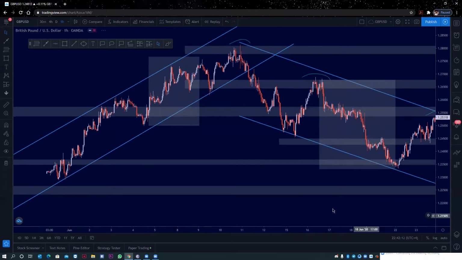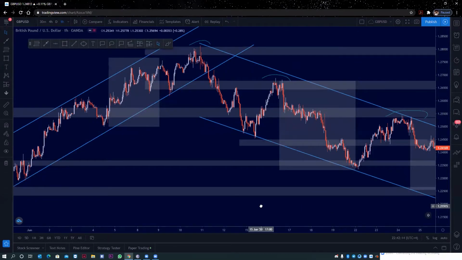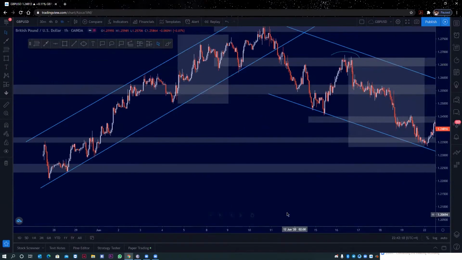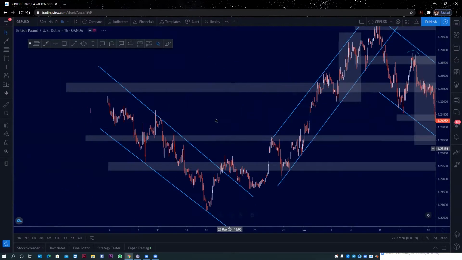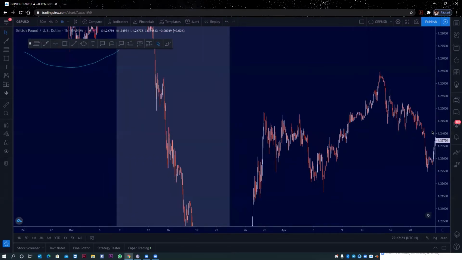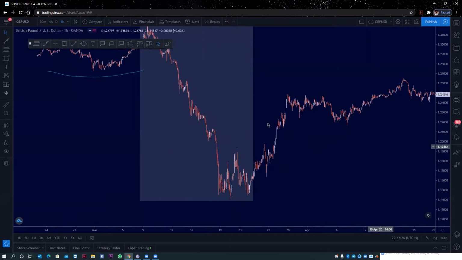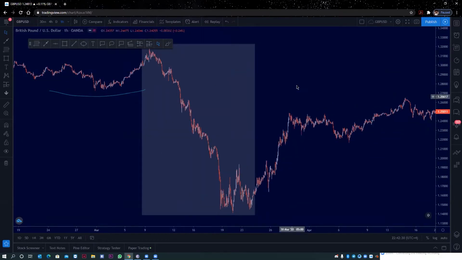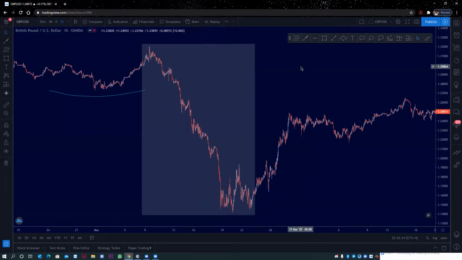Go back to that downtrend. Sorry. Where's that downtrend that you had? This is my downtrend. The one with the blue lines.